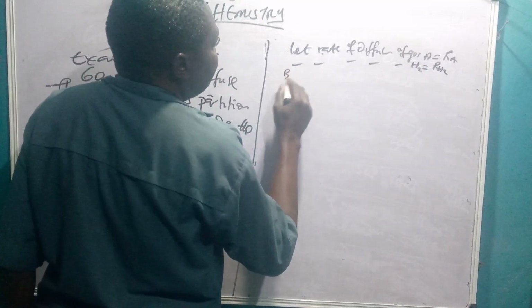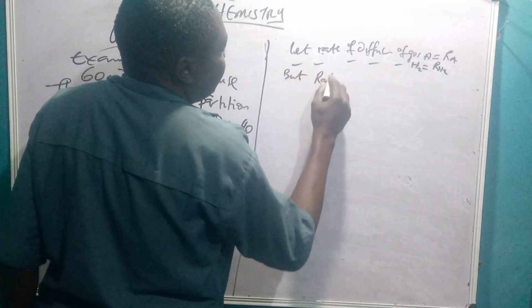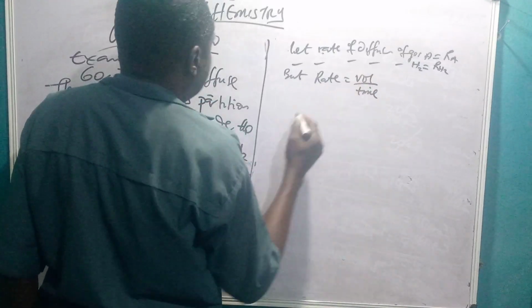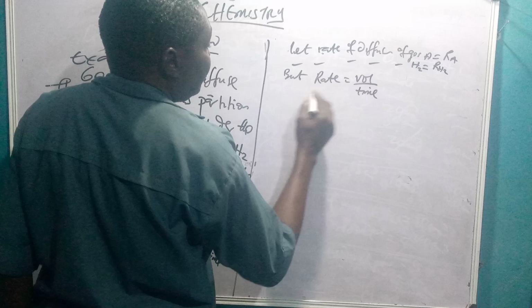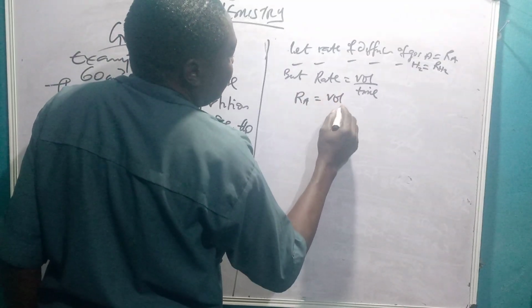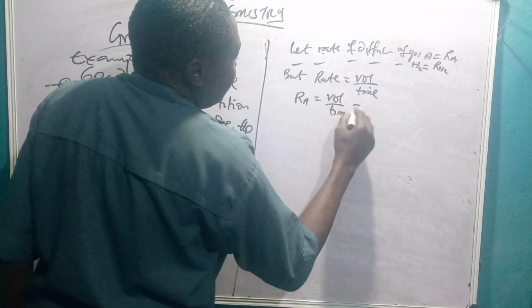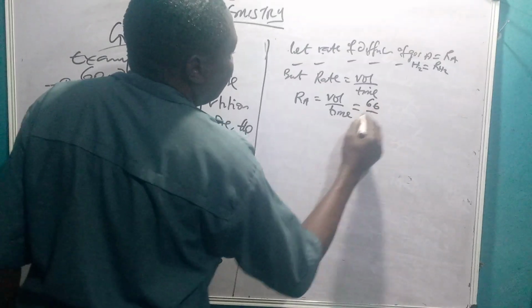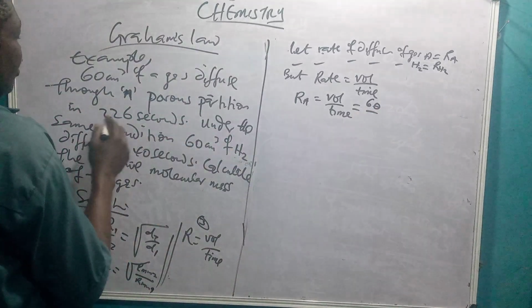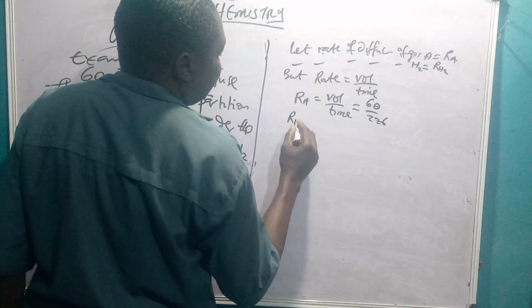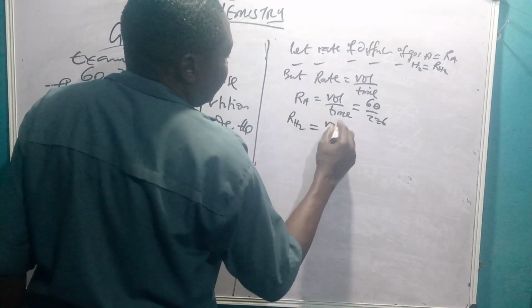You say rate equals volume over time. Therefore, RA equals volume over time, which is 60 cm cube of gas A, 60 over 226. Then R_H2 equals volume again over time.